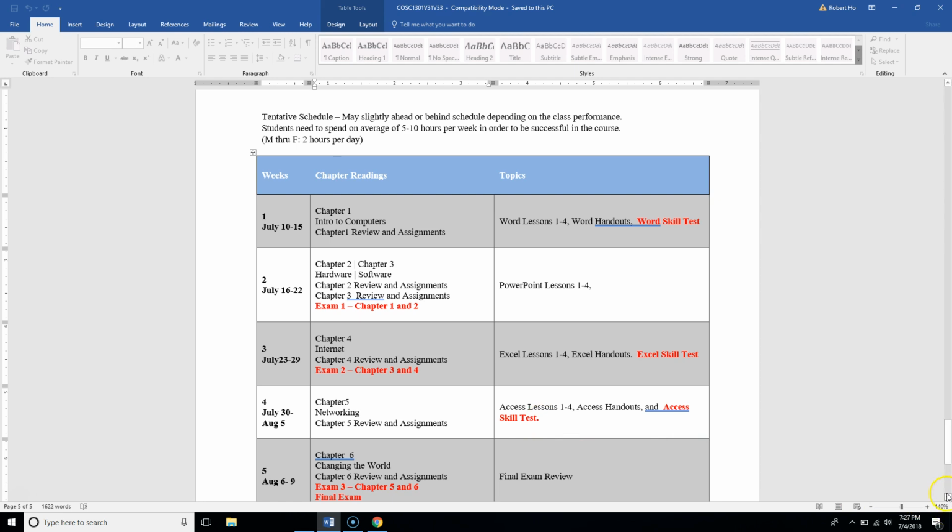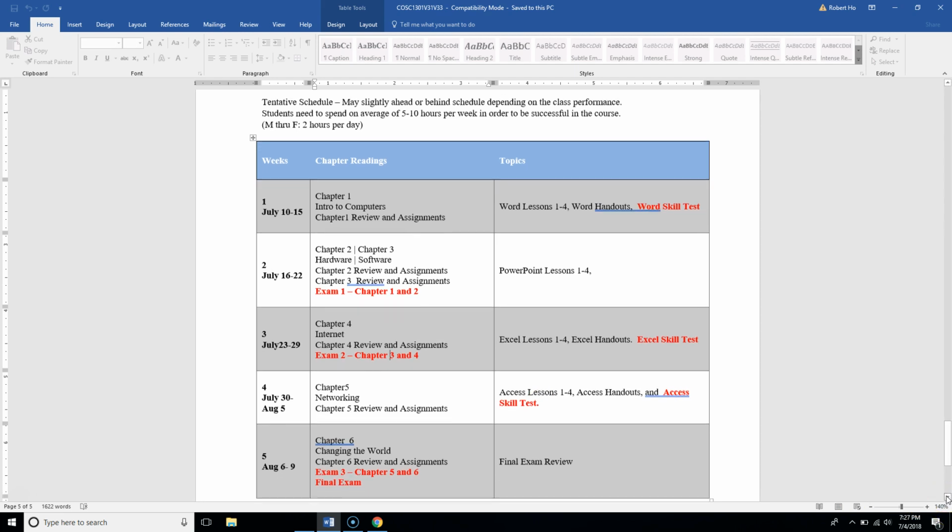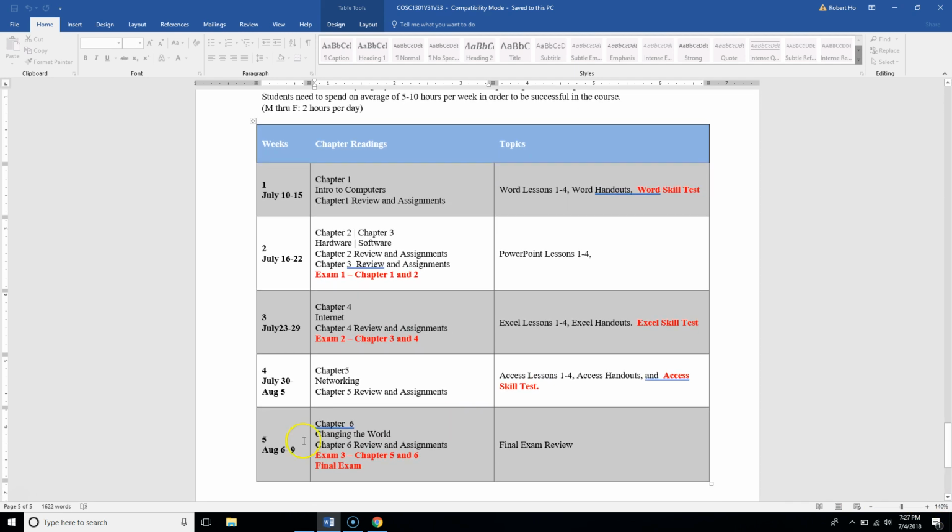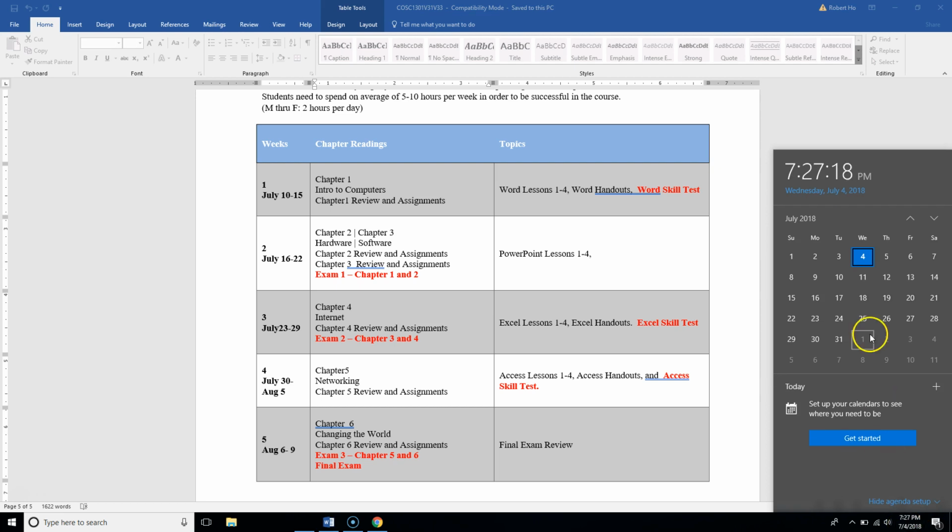And the last one, which is week number 5, from August 6 to 9, which is the last day of class. The last day of class is August 9. So if you look at the calendar, from the 6th to the 9th, we will cover chapter 6, Changing the World, and chapter 6 review and assignment.